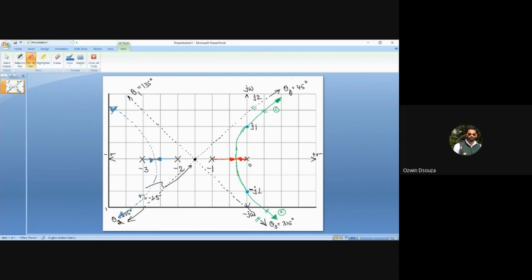Now probably you can thicken the line. So this is your third branch of the root locus and this is the fourth branch. So this completes the root locus problem. You can replay the video and try to practice this problem again and again.